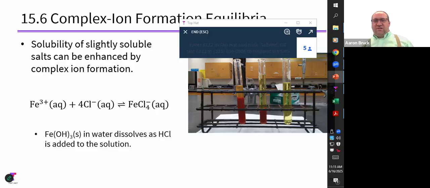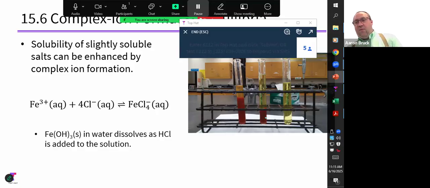This is insoluble, it's going to be insoluble, but if I produce a complex out of it, if, for example, I just inundate the iron 3 hydroxide here with enough chloride ion, what we'll start to see is that that chloride complex will take over, and what was once a big mess of solid will eventually just turn into a yellow complex solution.